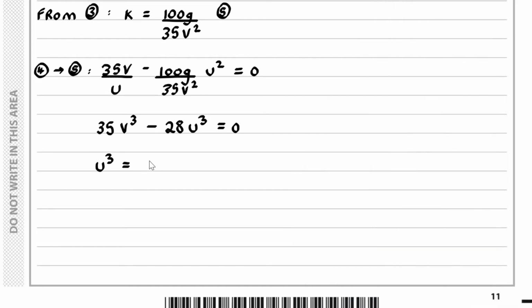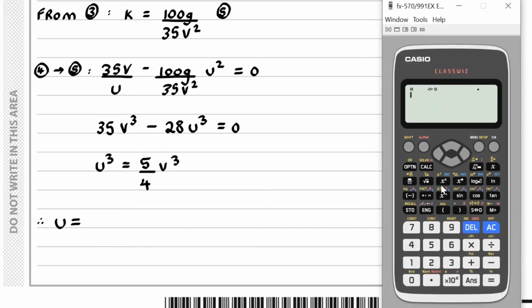So U cubed is equal to 5/4 V cubed. And if I cube root this, we can conclude the cube root of 5/4 is 1.08V, and that's given to 3 significant figures.